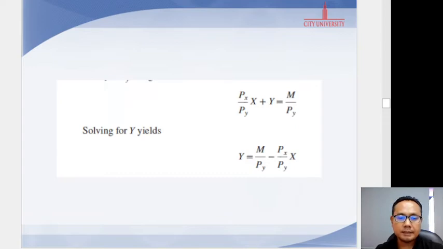Note that y is a linear function of x with a vertical intercept of m over Py and a slope of minus Px over Py.